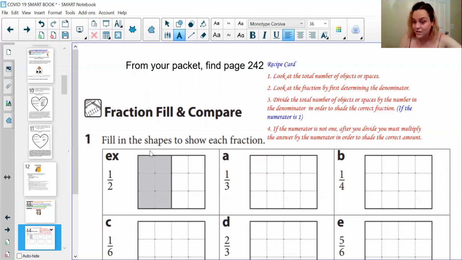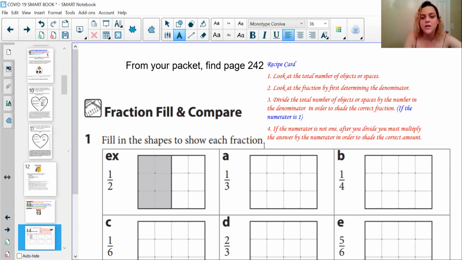All right, you're back, I'm back. Let's make sense of this recipe card and how it works. Number 1 says fill in the shapes to show each fraction. They have an example there for us, so I'm going to skip that one. Let's go to A. We have 1/3. So I have to look at the total number of objects or spaces. If I count, there's 3 rows of 4, which means there's 12 total objects or spaces, in this case spaces, right?